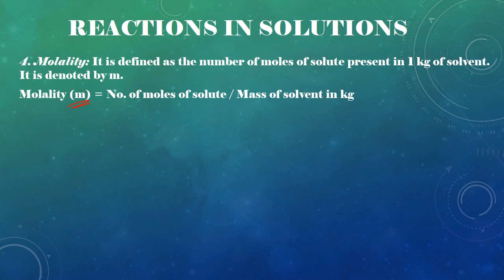Molality is the number of moles of solute in 1 kg of solvent. So you have moles in the numerator. In the denominator, you have mass in kg. The other one, molarity, was number of moles by volume in liters. This is mass in kg. Slight difference.